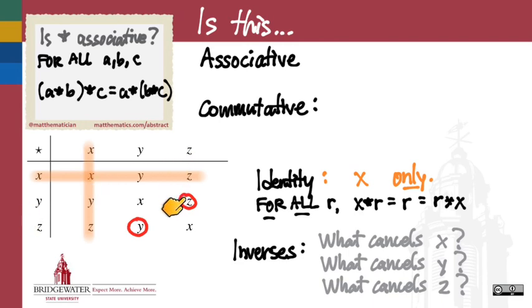Yeah, Y times Z is equal to Z. But Z times Y is different from Y times Z, right? These two are not the same. And remember, the shorthand, when you have a multiplication table, is to look for symmetry across the main diagonal. And we have symmetry here and here. We have it here and here. We don't have it from there to there.